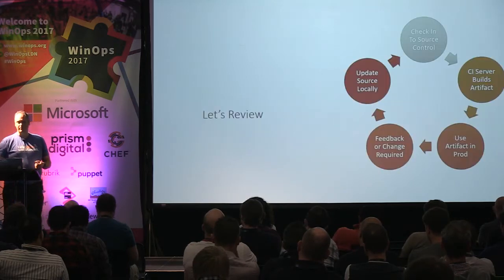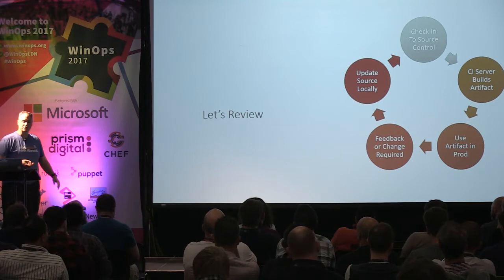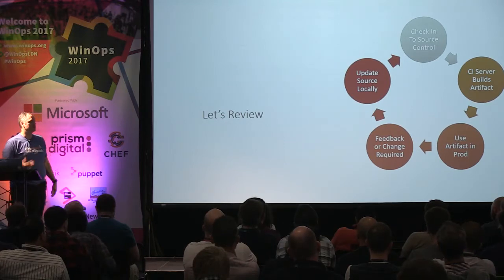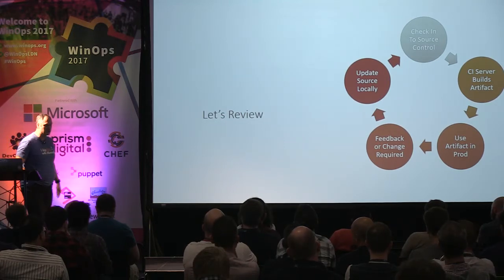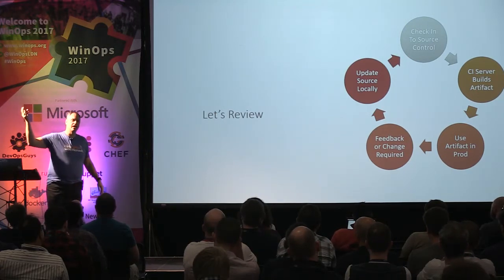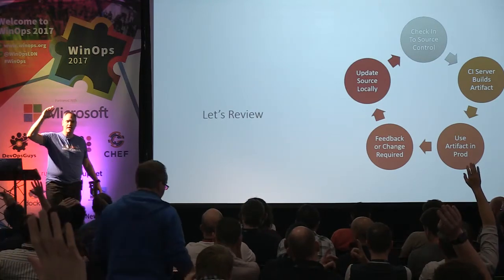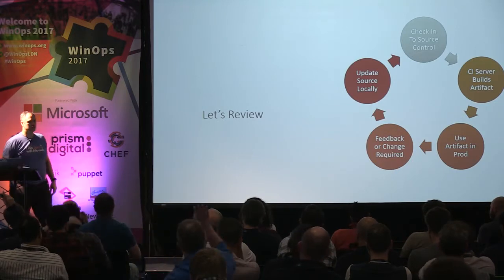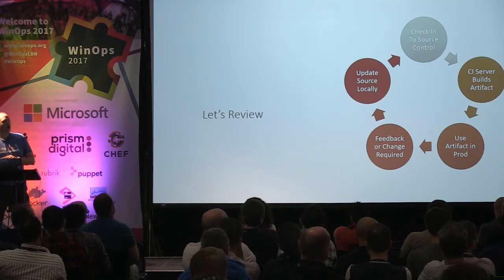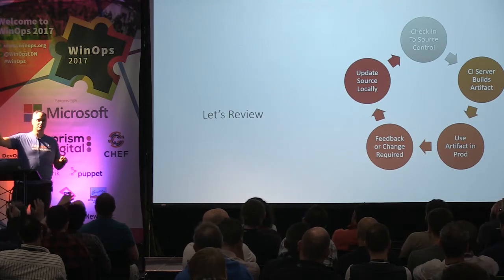A quick review of what the workflow would look like. You check something into source control. You have a CI server, which is basically an orchestration server that understands source control. Check out software. Who here is doing any kind of config management? Chef, desired state configuration, Puppet, Ansible, whatever. Okay. Who here is using some sort of CI pipeline with that infrastructure?